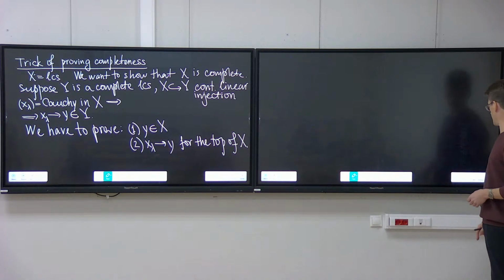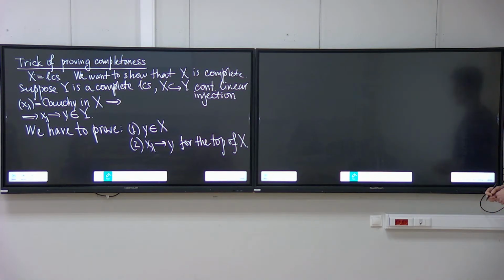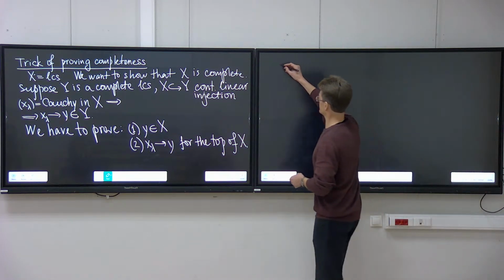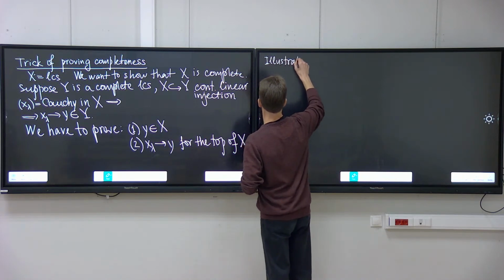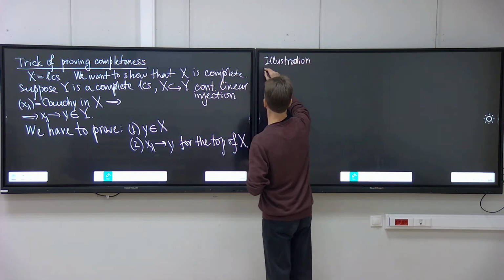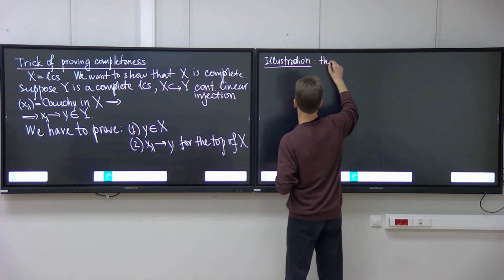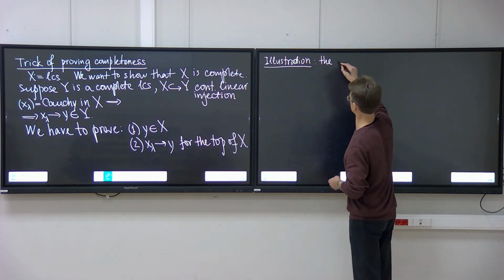And actually, you are already familiar with this setting. So an illustration of this trick: the standard illustration is the standard proof of the completeness of little l^p.